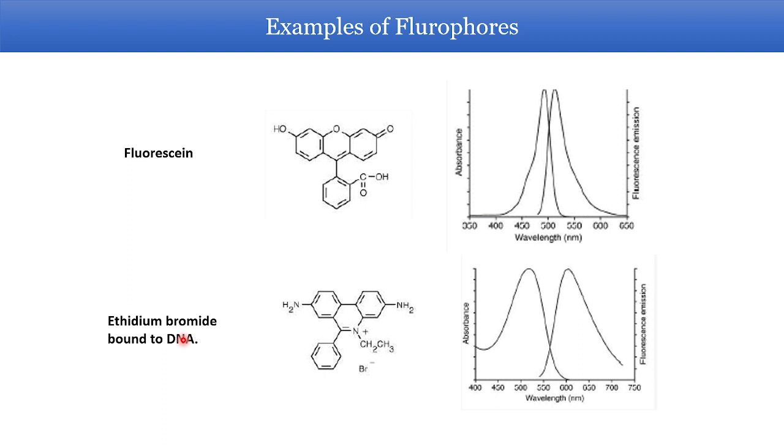Whereas for ethidium bromide bound to DNA, we all know that ethidium bromide intercalates within the strands of DNA and it fluoresces. It has an absorbance at around 520 nanometer and emits at around 625 nanometer.